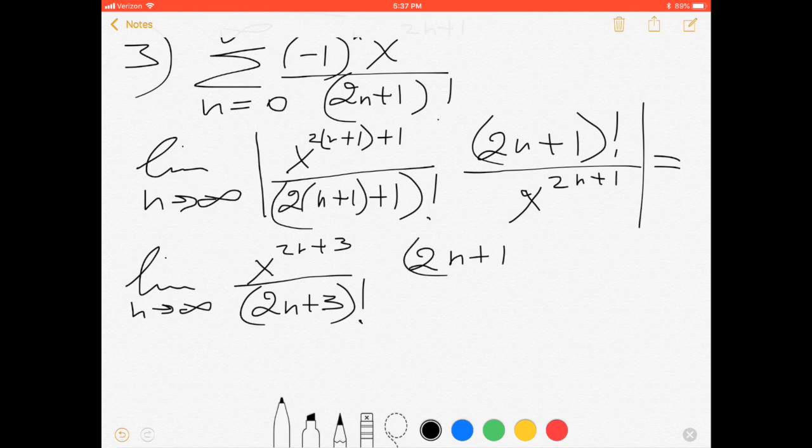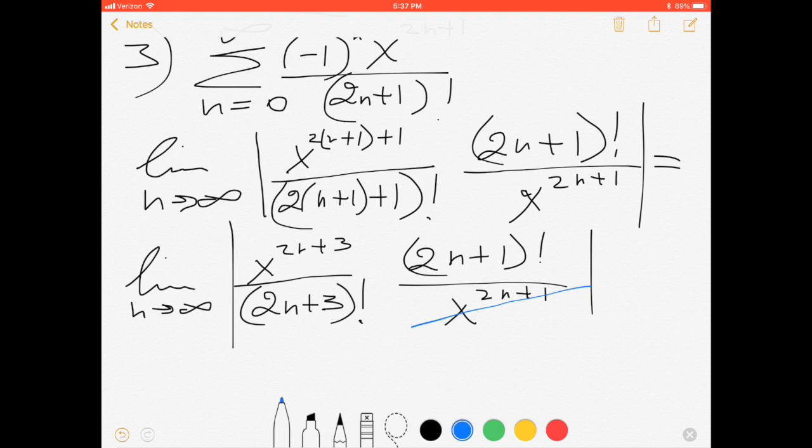Simplifying, x to the power 2n plus 3 minus (2n plus 1) is x to the power 2. And what about the factorial? After (2n plus 1), the next numbers will be 2n plus 2, 2n plus 3. This means here it cancels, and then you have (2n plus 2)(2n plus 3).